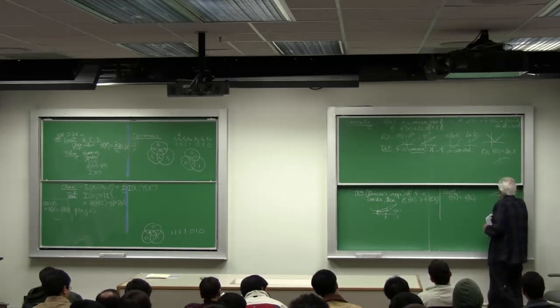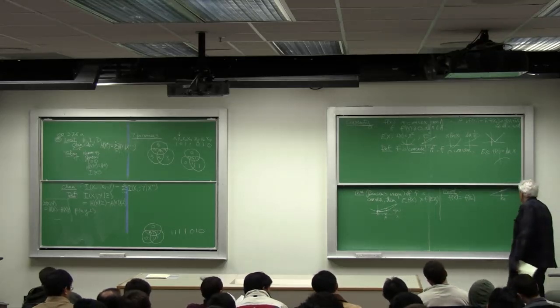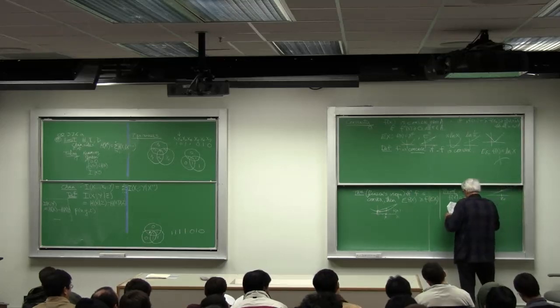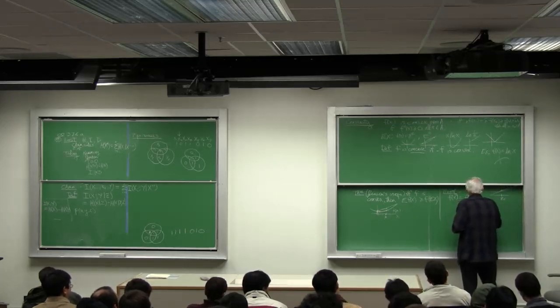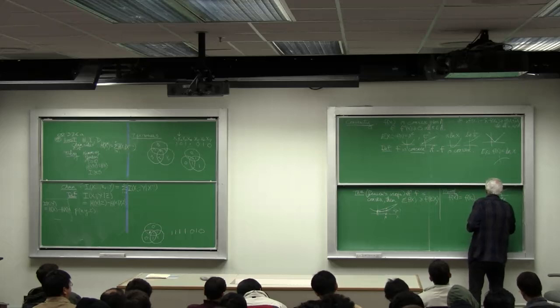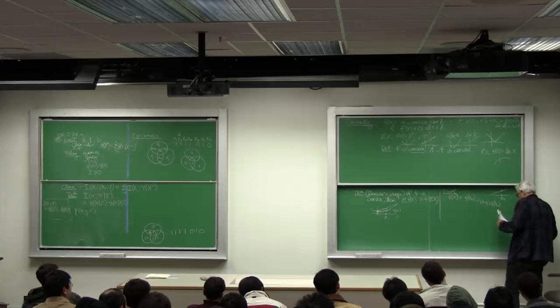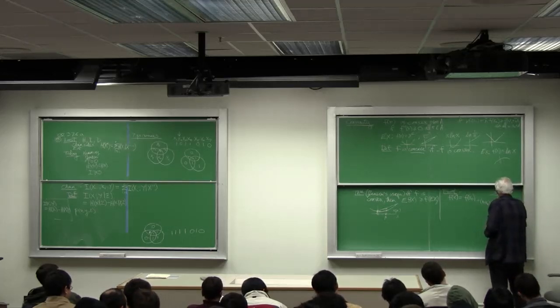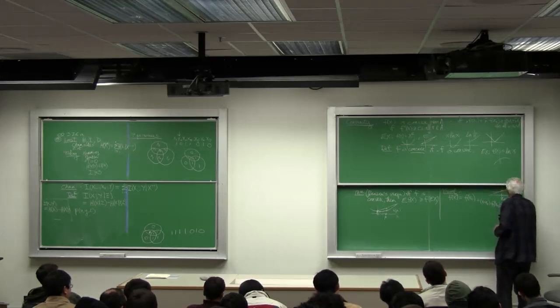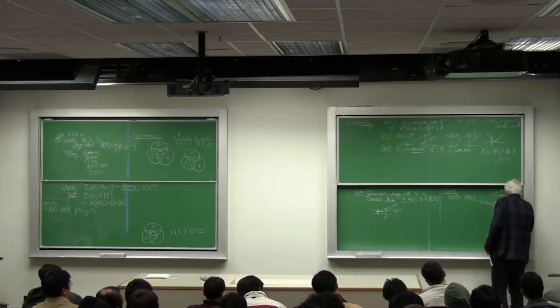And I'm going to draw the tangent line through that point on the curve. So f of x equals f of x naught plus x minus x naught times the derivative f prime of x naught plus x minus x naught squared over 2 times f double prime.